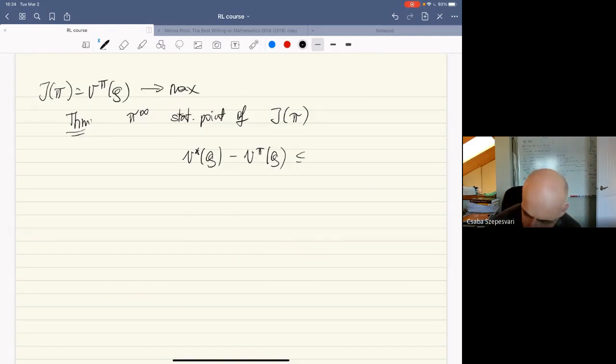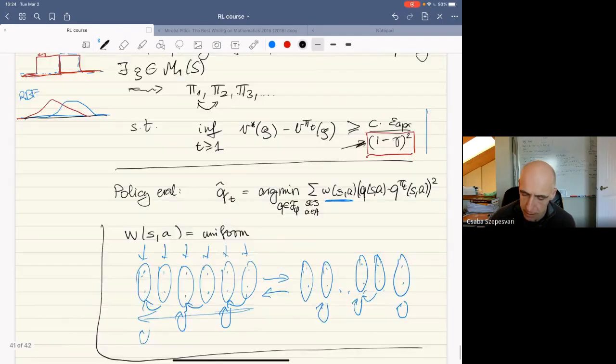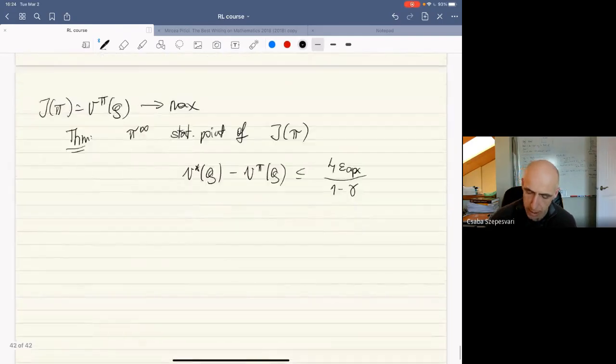This is going to be upper bounded by 2 times, I guess maybe for me it's 4 times, because I'm defining the approximation error slightly differently, over 1 minus gamma. So instead of a 1 over 1 minus gamma squared, you only have a 1 over 1 minus gamma.